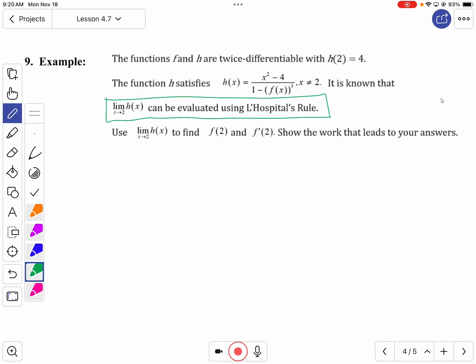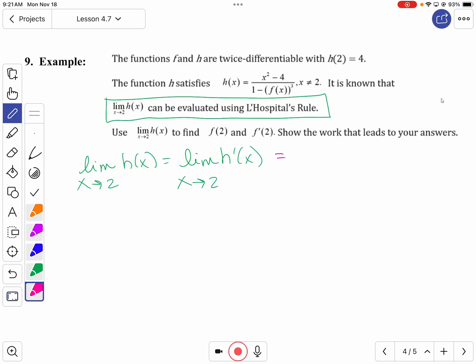So instead of doing the limit as x approaches 2 of h of x, I'm just going to do the limit as x approaches 2 of h prime, because they told me I could do it with L'Hopital. So in order to do that, we're going to have to take the derivative of h of x, its numerator and its denominator.